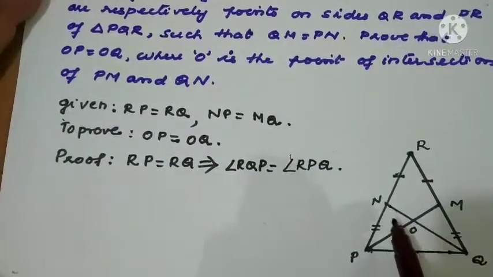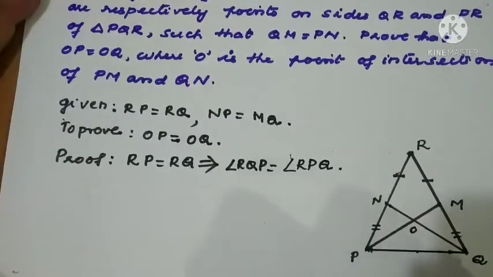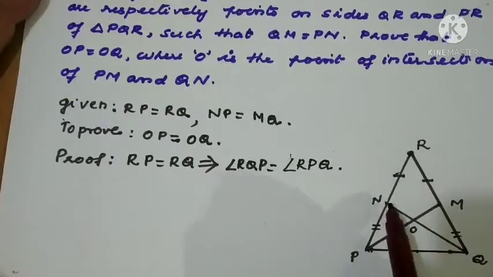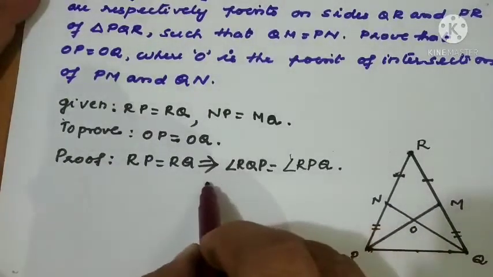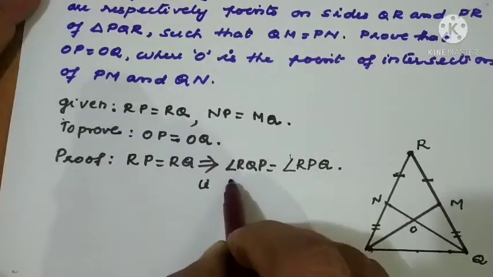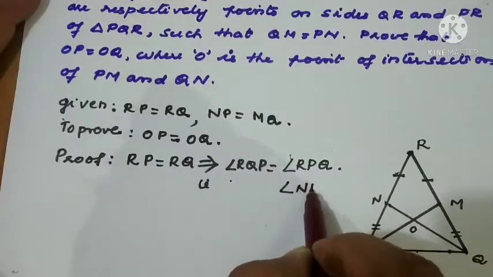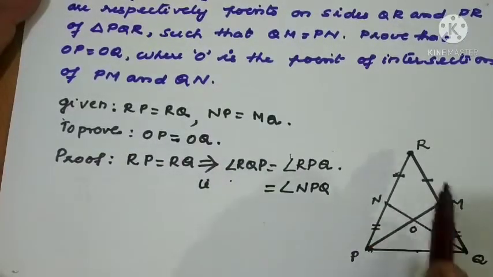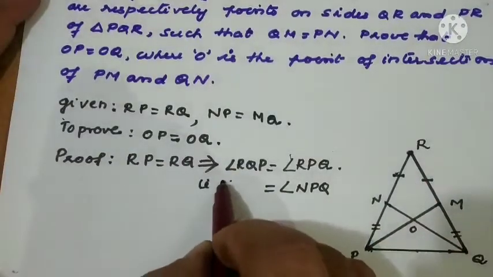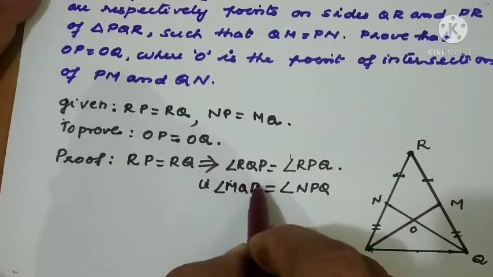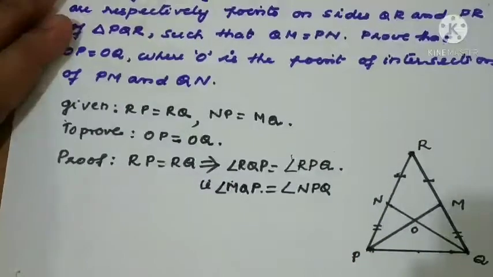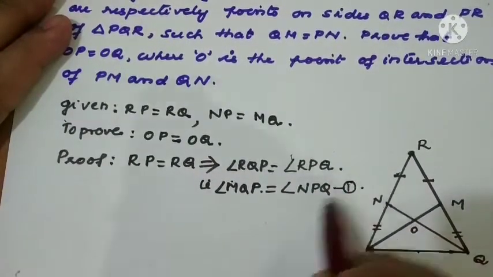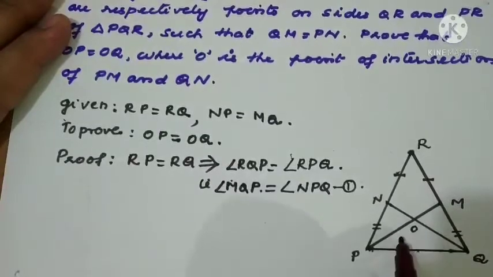So RPQ is the same as NPQ, and similarly RQP is the same as MQP. So this is equation number 1.